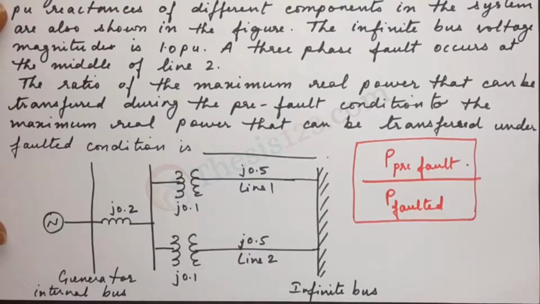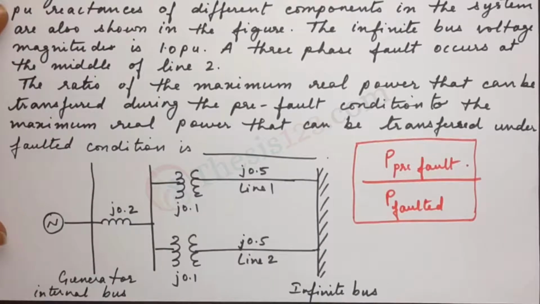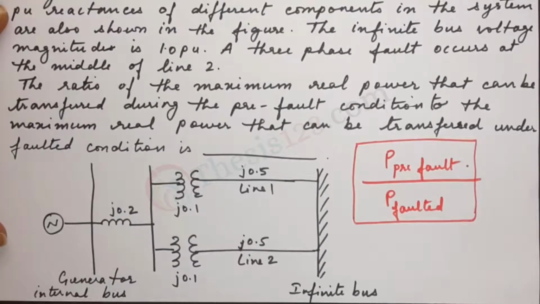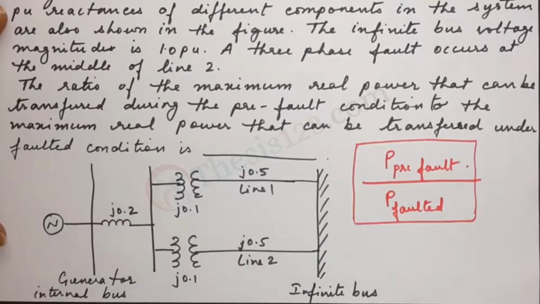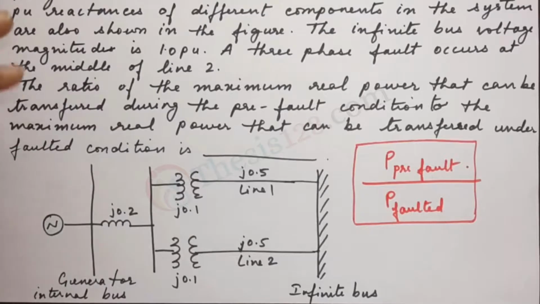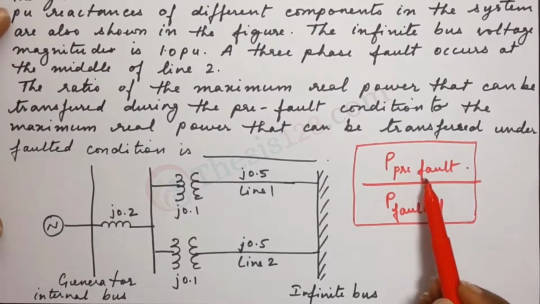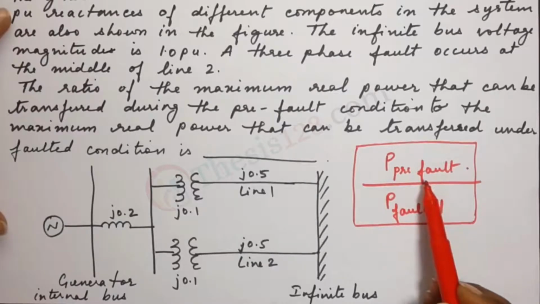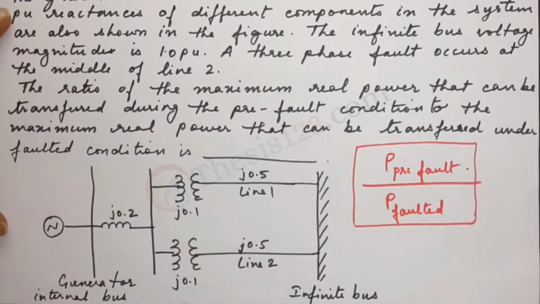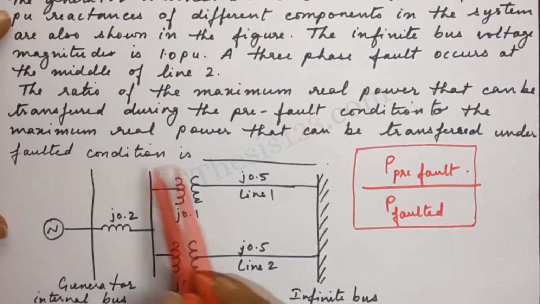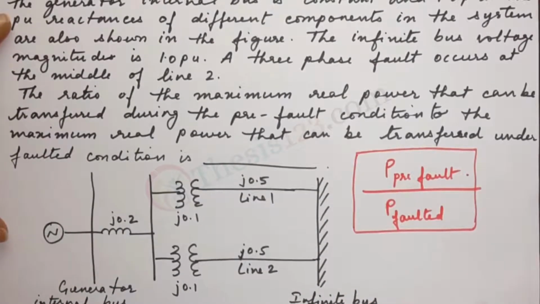Alright, there are quite a number of steps that go into solving this problem. Let's work it out. First, we need to calculate the maximum power at the pre-fault condition, that is before the fault has taken place. Let's try and resolve this into an equivalent circuit.